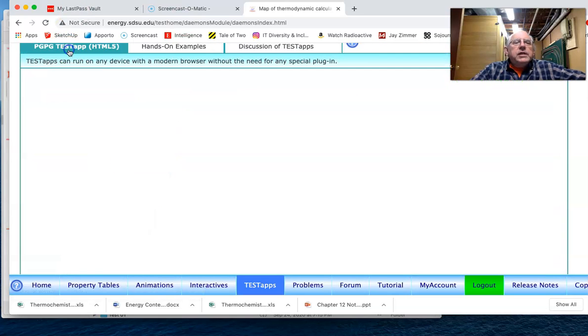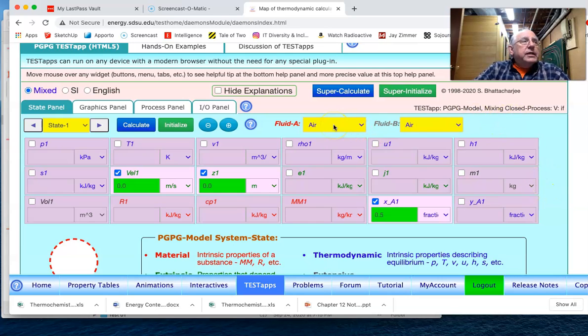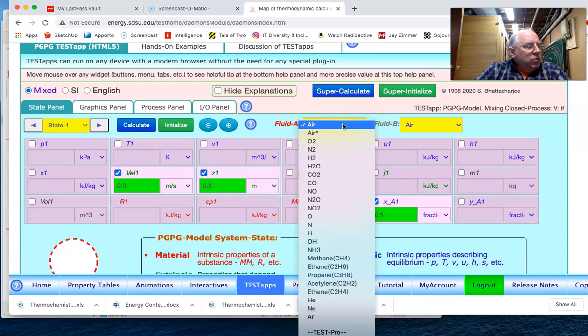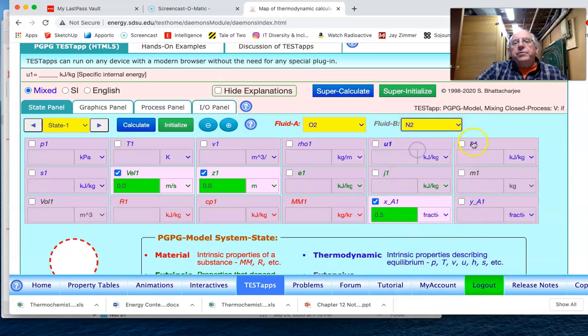We then go to the HTML. The first thing we have to do is identify which of the 2 gases is A. We'll allow the first one to be designated as A, and the first one in this case is oxygen gas. The second substance is nitrogen gas, or N2.